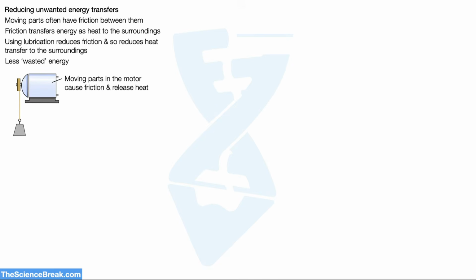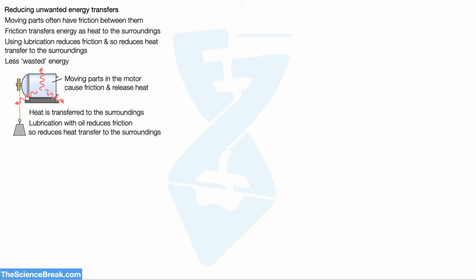Moving parts in the motor cause friction and release heat. Heat is transferred to the surroundings. However, lubrication with oil reduces friction and reduces heat transfer to the surroundings. That means more of the input energy is transferred as kinetic rather than lost or wasted as heat.